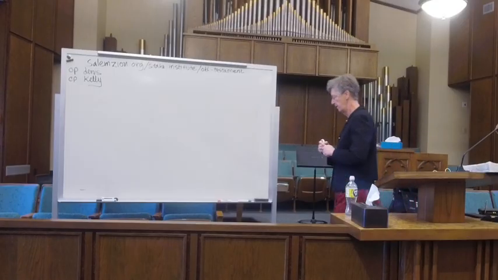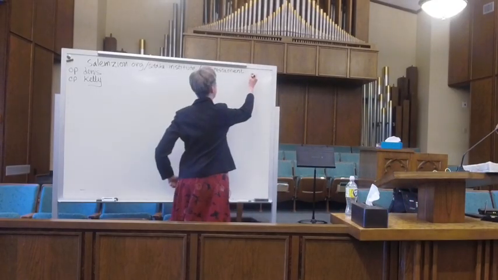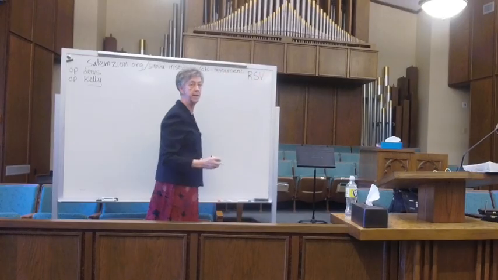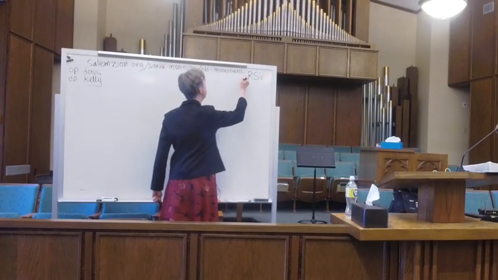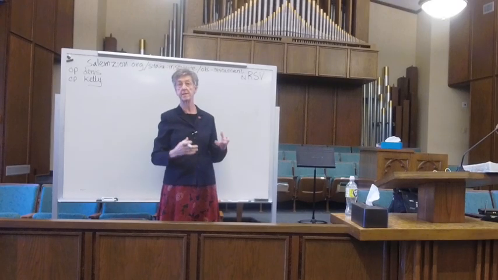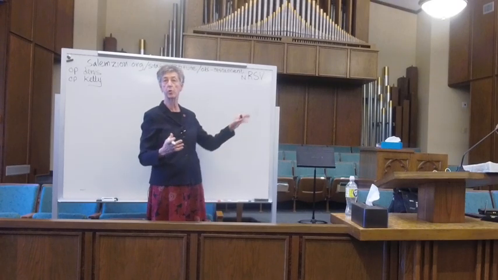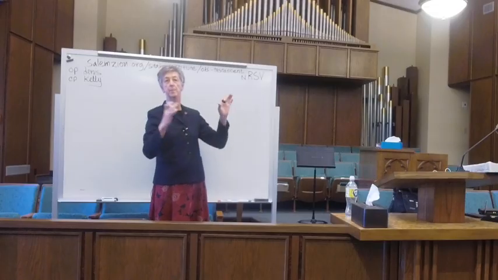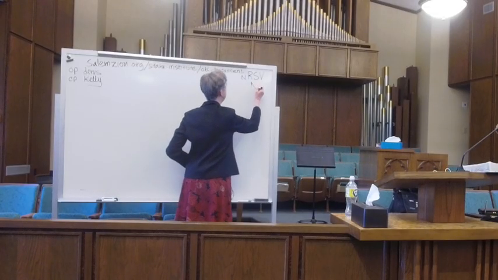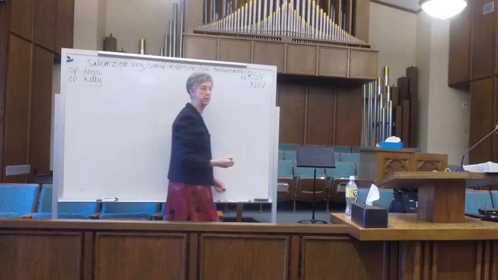My favorite at the moment is the RSV, the Revised Standard, or you can do the NRSV, the New Revised Standard. It probably has 10 words different from the old one, but that's good. One that many people have used is the New International.